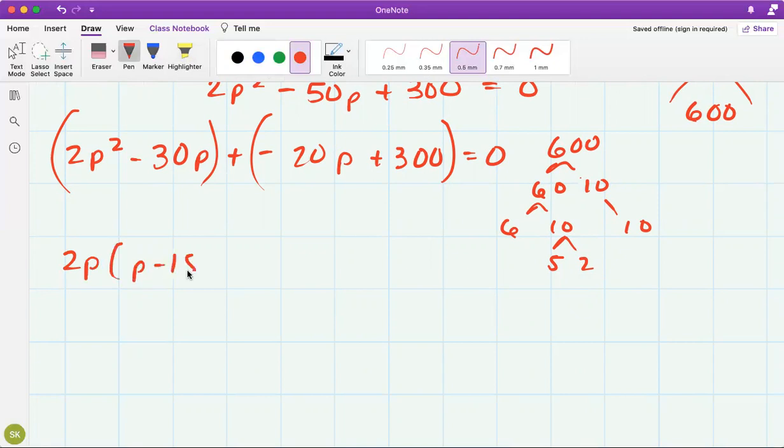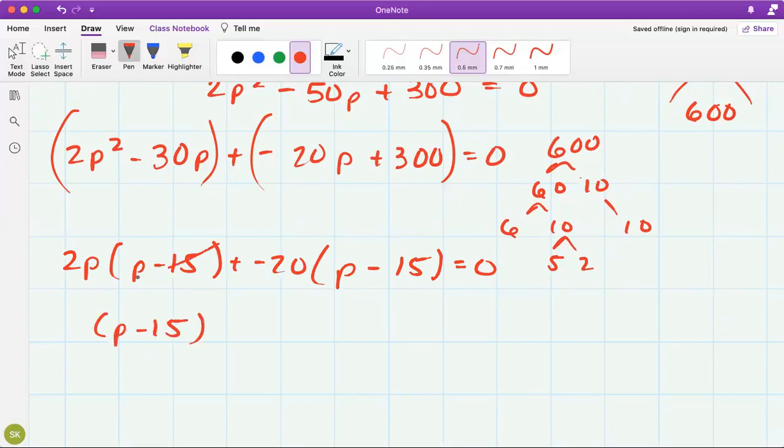I get P minus 15. Plus, and I think I can take out, let's take out the 20, the negative 20. So we get P minus 15, and 300 divided by 20 is 15. Great. And then when you have it in this stage, factor out the P minus 15.